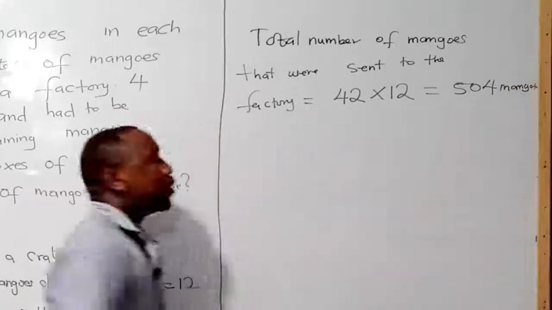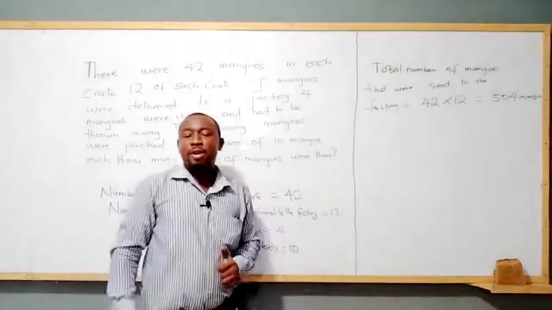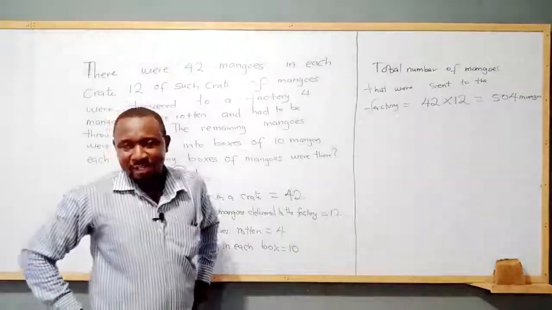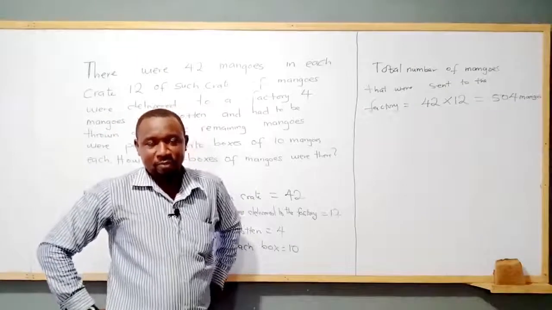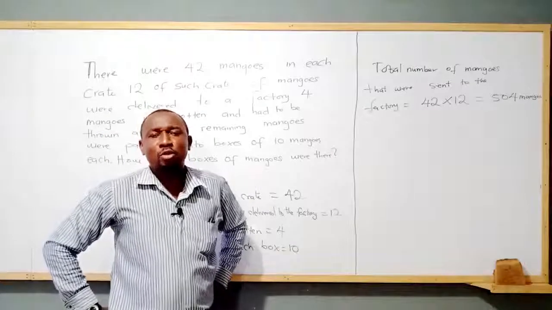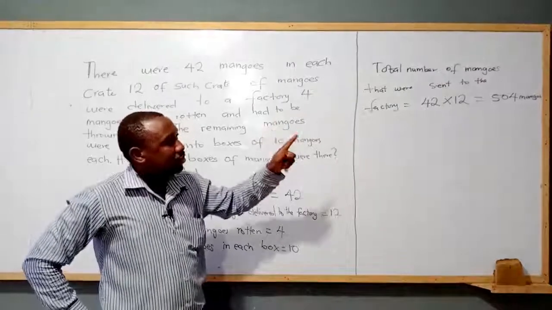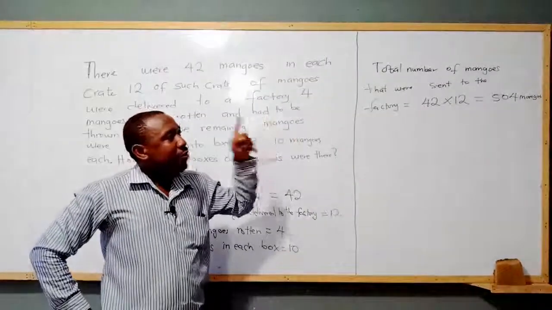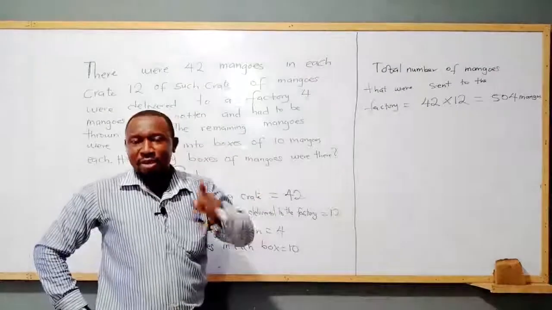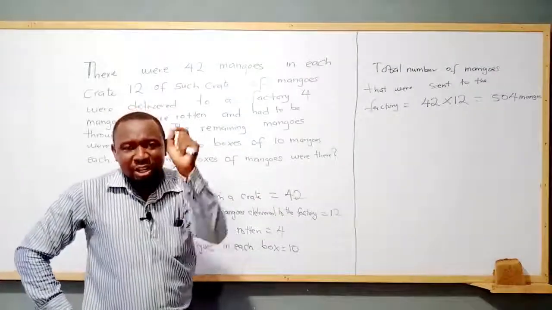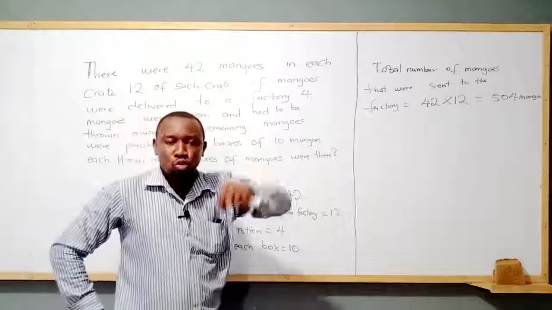So it means 504 mangoes were delivered at the factory, because each crate was containing 42 mangoes.